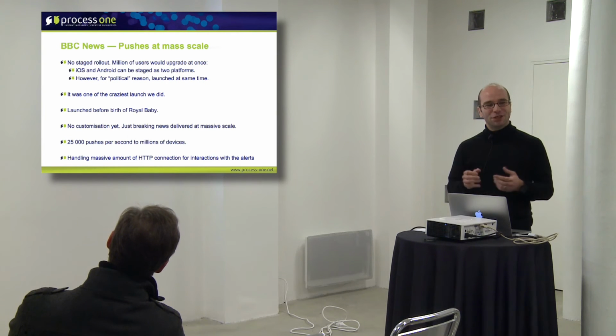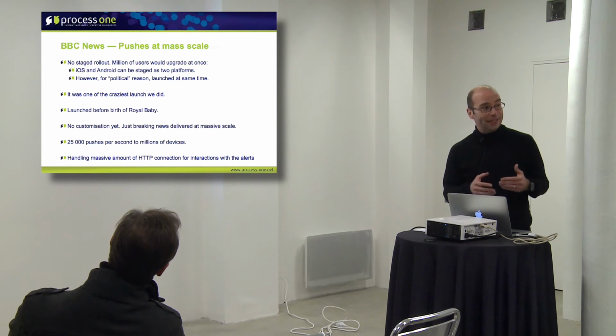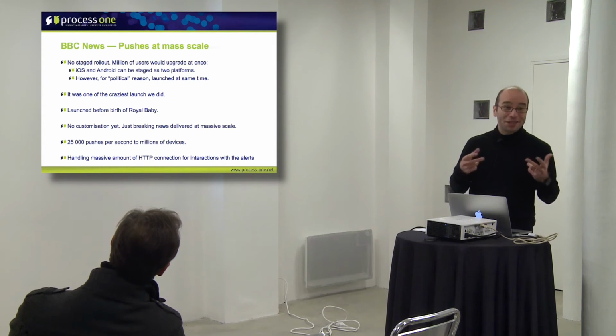So the BBC mobile application was already in the hands of millions of users. And when you push an update to the devices, they will all update at the same time. So it means that all those users will be trying to register for push notification and send the device token to our server to get the service.